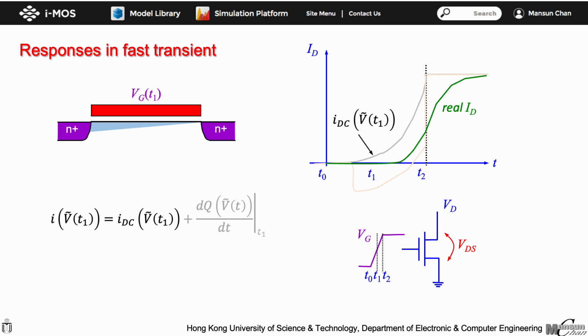Therefore, a positive DC current is expected. However, if the ramp rate is very fast, the charge may not be able to reach equilibrium, and the channel is only partially formed. Without a continuous channel, there is no DC current, and IDC should be 0.